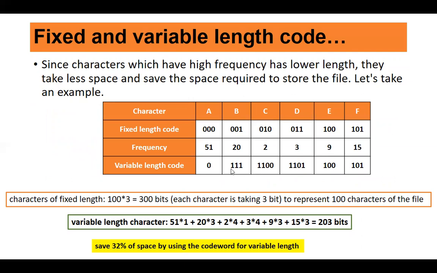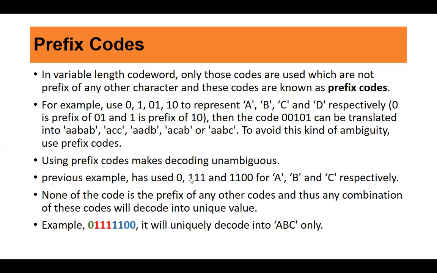Now here you can see 0 is not prefix of these, right? 111 is not prefix of C. So none of the symbols are prefix of any other symbol, right? So none of the code is prefix of any other code, and thus any combination of these codes will decode into a unique value. So example again, if you take 0, 111, 1100, it will uniquely decode into ABC only. Why? A is represented by 0, B is represented by 111, and C is represented by 1100. There is no other way you can decode this.